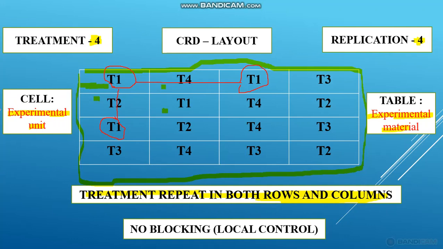But you can see the T4 is repeating only in the column, but not in rows. Similarly, T2 is repeating in the column and also in the row.